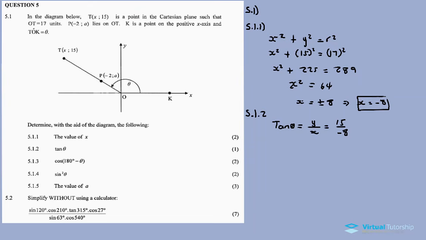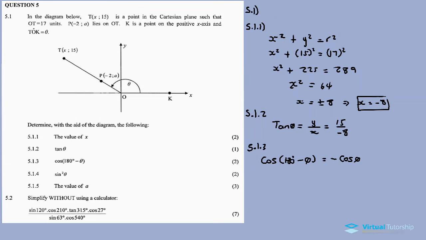5.1.3 is a reduction formula. Determine with the aid of the diagram the following: cos of 180 degrees minus theta. This is a reduction formula, which we must solve first. 180 degrees minus theta is in the second quadrant, and in the second quadrant cos is negative, so it's going to be negative cos theta.